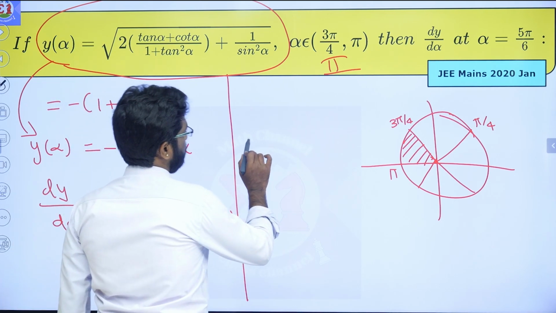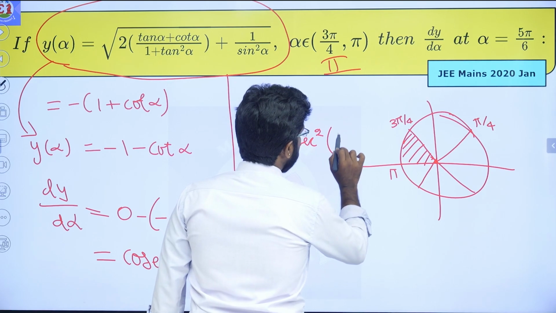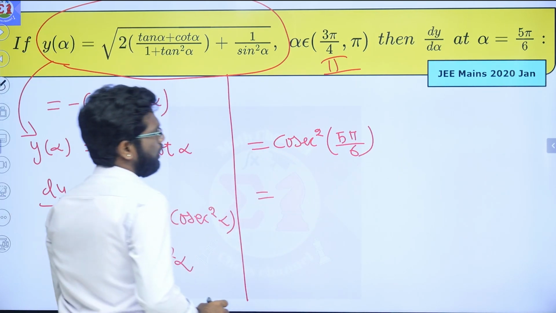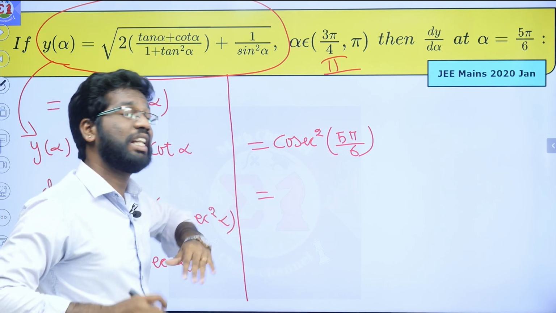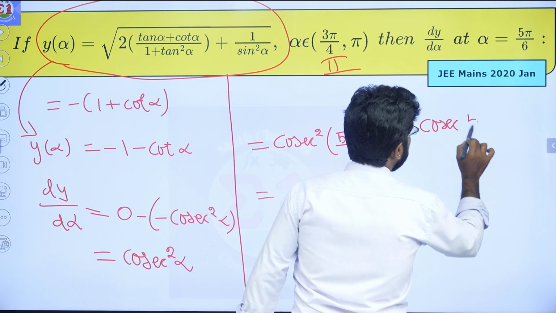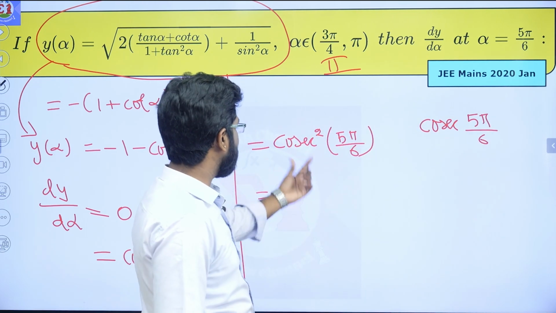So now I have to apply the value cosecant square 5 pi by 6. Now we have to find the value of cosecant 5 pi by 6. Once we get the value for this, we can just square it.